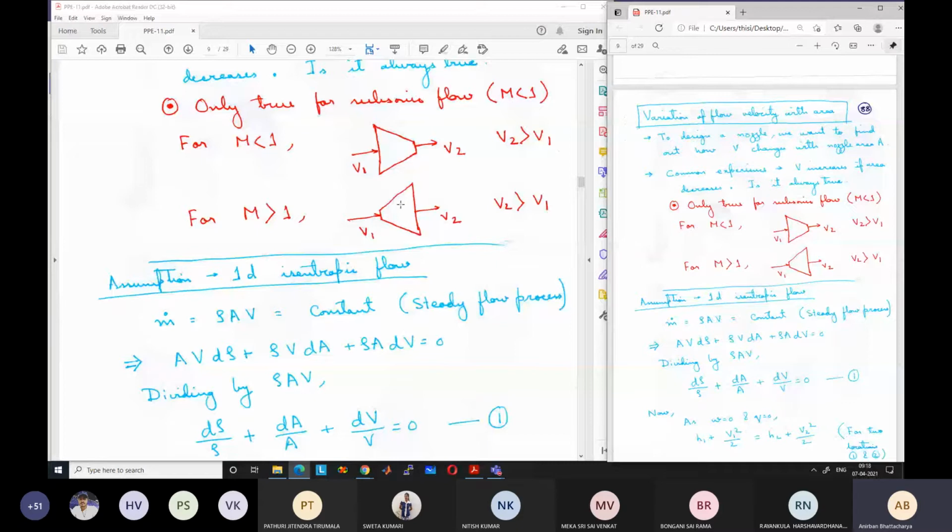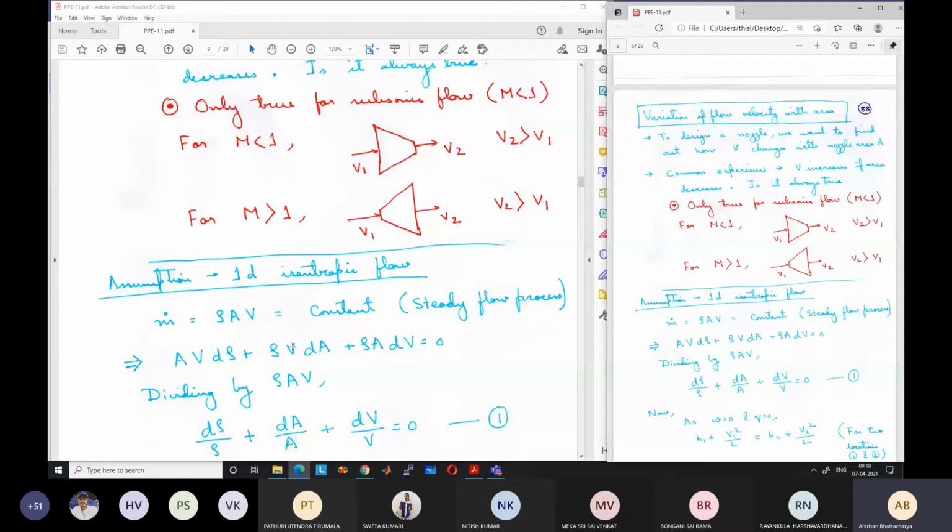So the divergent section acts like a nozzle because the area is increasing and the pressure is decreasing, as if the pressure decreases along the flow. And the opposite occurs if the area is decreasing: the pressure will keep on increasing like a diffuser.